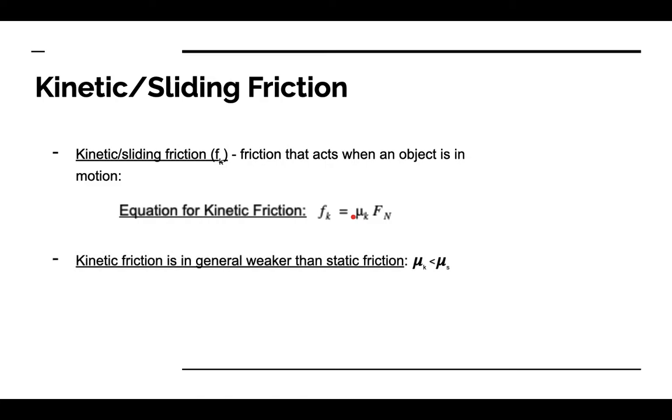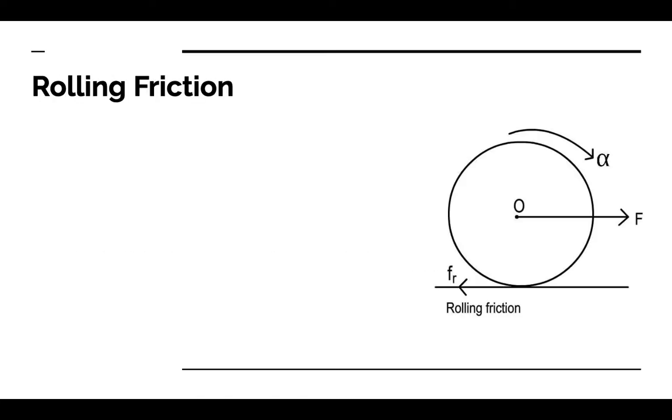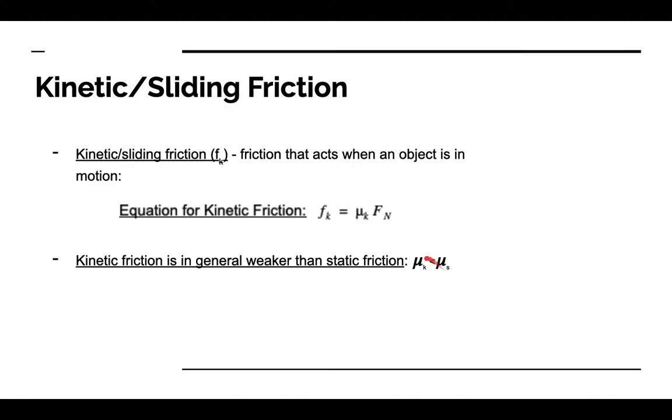So kinetic friction is in general weaker than static friction. In general, our coefficient of kinetic friction is less than our coefficient of static friction. The idea is that once you get an object to move, it's easier to keep it moving than it is to get it initially moving when friction is acting. So for example, once you start moving the table, it's a lot easier.